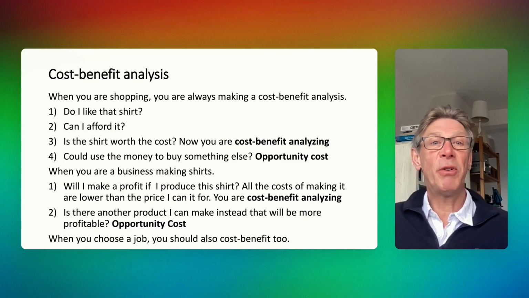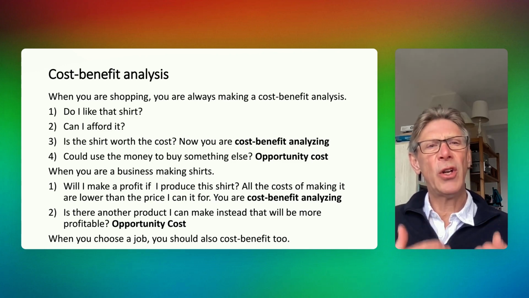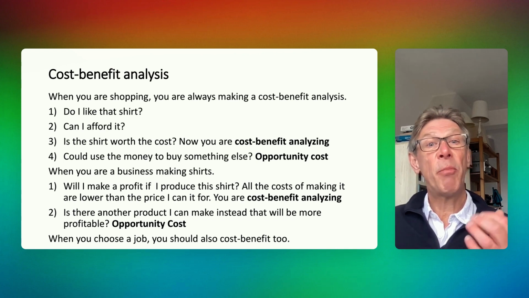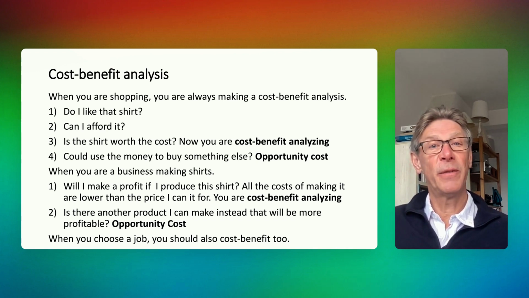You can't afford to produce the shirt because you won't make a profit doing it. So you're saying to yourself, are all the costs in making this shirt lower than the price that I can sell it for? You are cost-benefit analyzing in the other way round.